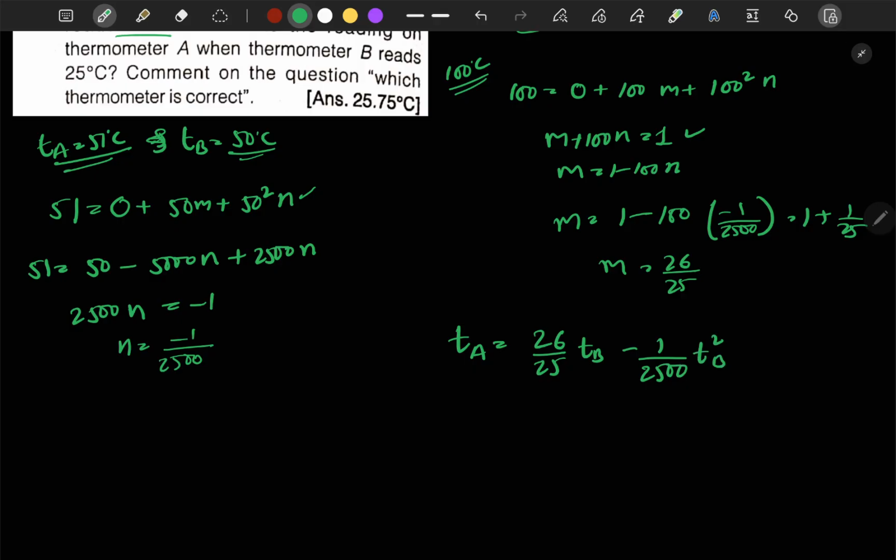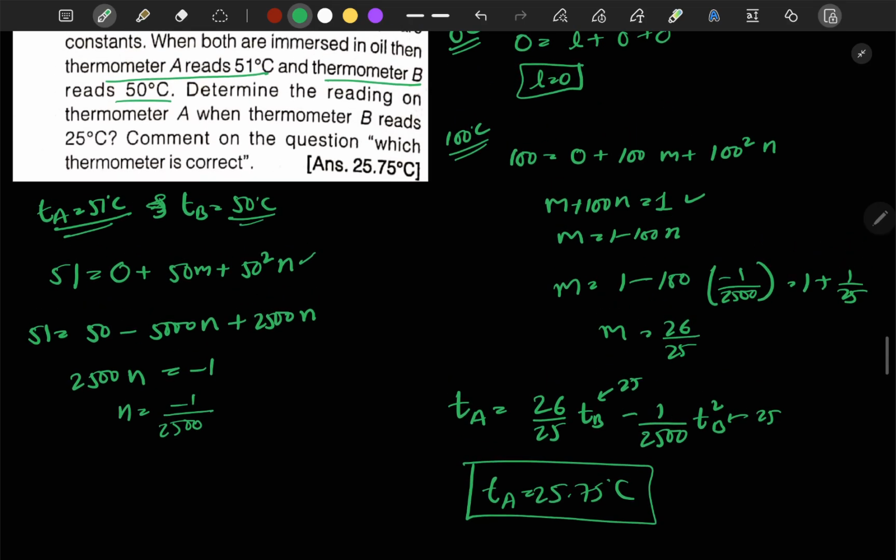We will substitute the value of TB is equal to 25 at both places, and we will get TA is equal to 25.75 degrees Celsius. Okay, so that is the reading of thermometer A when thermometer B reads 25 degrees Celsius.